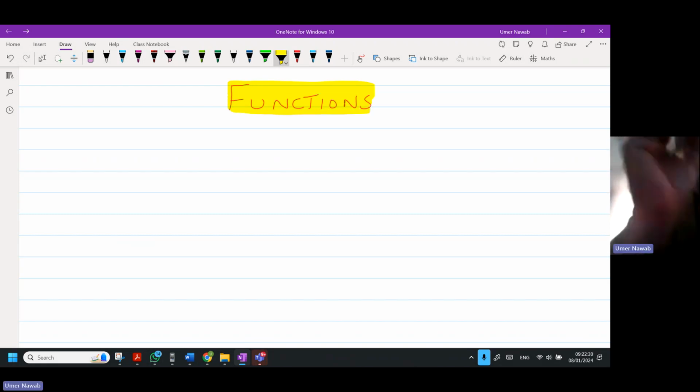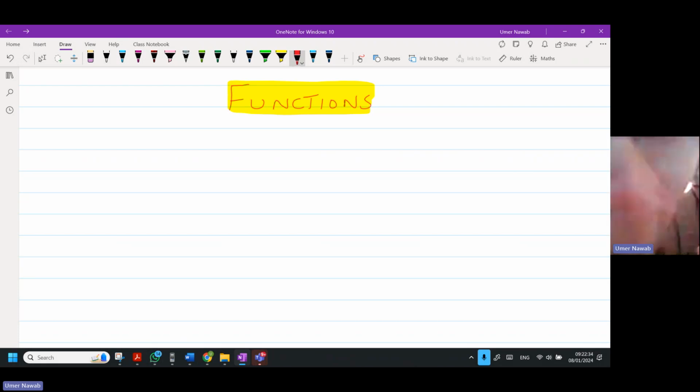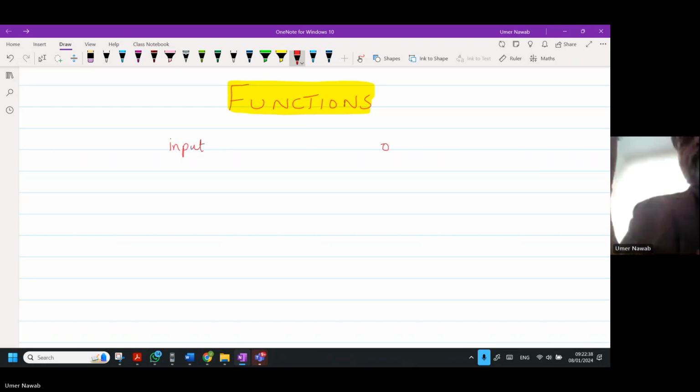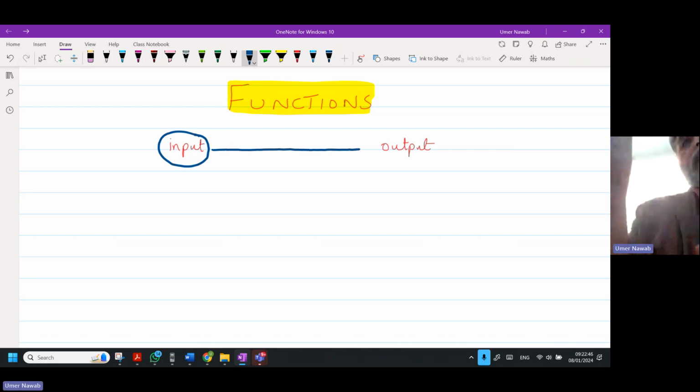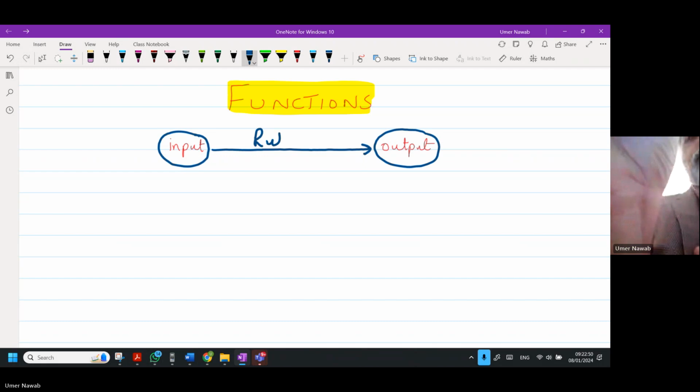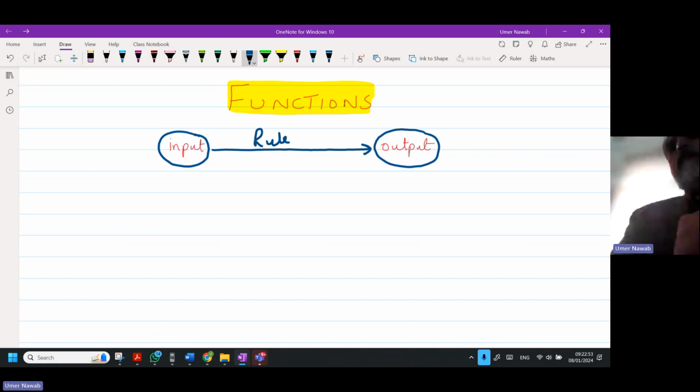When we talk about functions, it tells us a relationship between input and output. Or in other words, a function is a rule which connects input with the output. We will define the rule which will connect the input with the output.